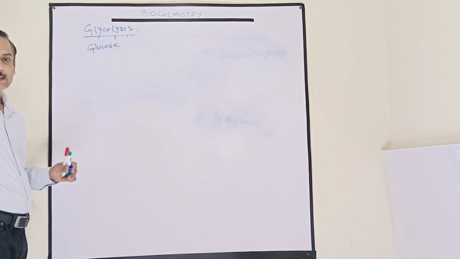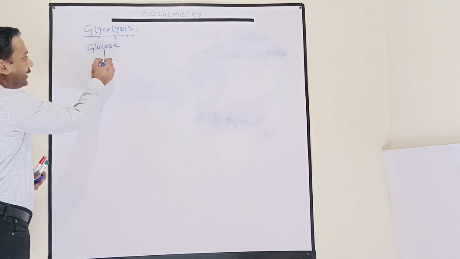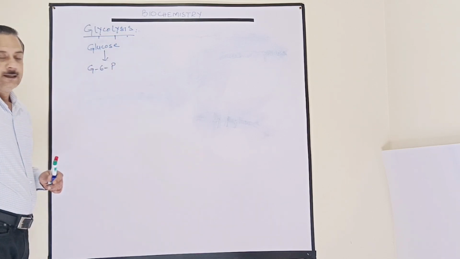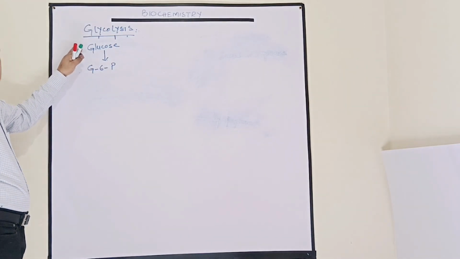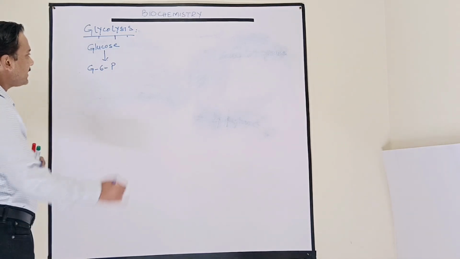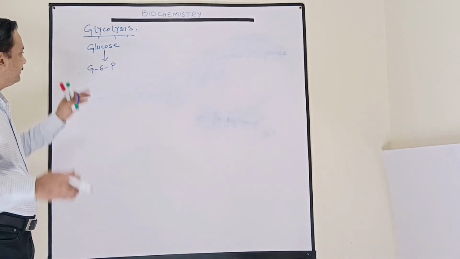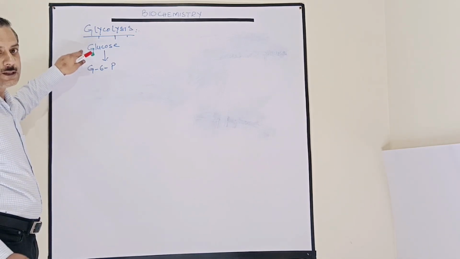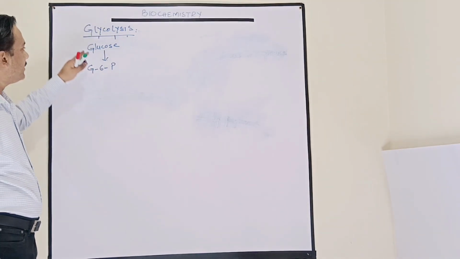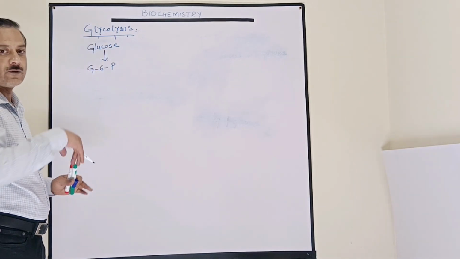This glucose goes inside the cell, where it is first converted into glucose 6 phosphate. Phosphorylation of glucose occurs. This is the first step of glycolysis. This is how the cell locks the glucose molecule, because glucose, when it goes inside the cell, has the tendency that it can come out of the cell.